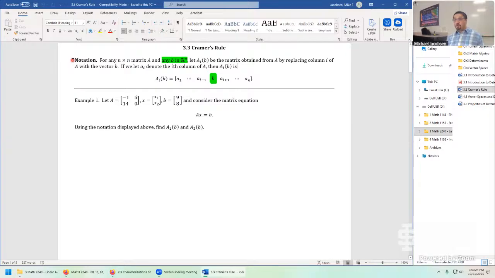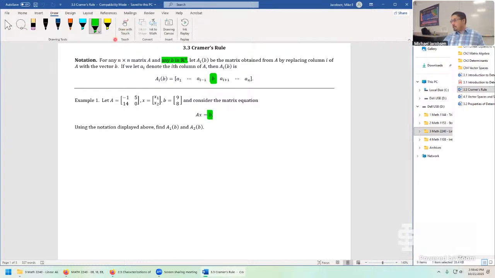But for any kind of new rule, there's usually a lot of new notation, and this is how it goes. If we have a square matrix, this is where Cramer's rule is valid. We're interested in the vector b in R^m. That's going to be the right-hand side for the system of equations written in matrix form. And we form this new notation, A_i(b).